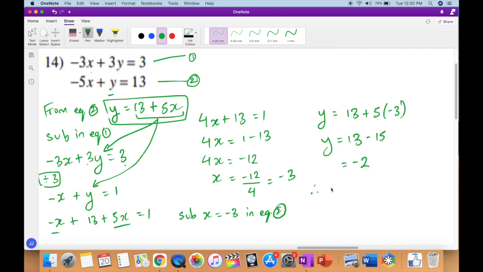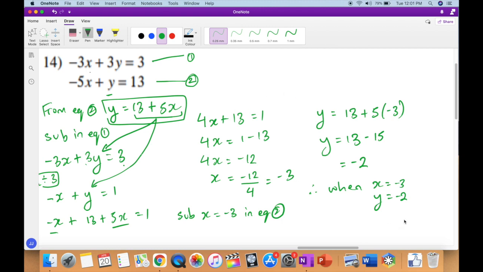So therefore, and always state the answer, when x is negative 3, y is negative 2. And giving statements like this and making sure everything is step by step makes it easier for the person who's marking you. Yeah, it makes it easy for them to see and not miss any marks.